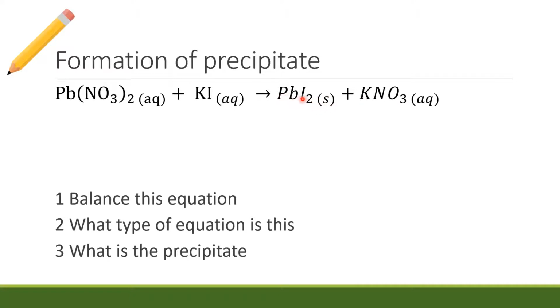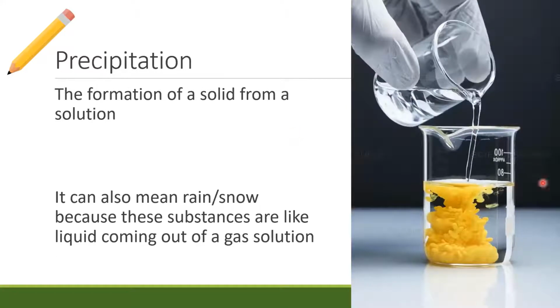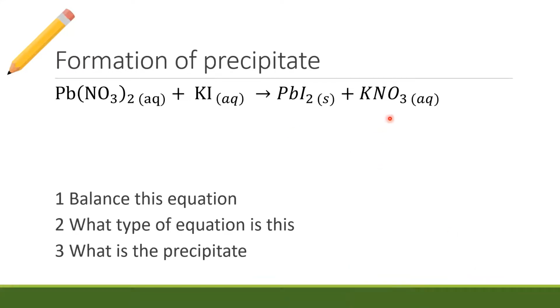Now, lead iodide, which is a solid, doesn't stay in solution. Because it's a solid, it sinks down. So this is the lead iodide, it's sinking down. Whereas the potassium nitrate, which is also formed, is soluble. It stays in solution, so it just stays dissolved. The lead iodide no longer stays dissolved.